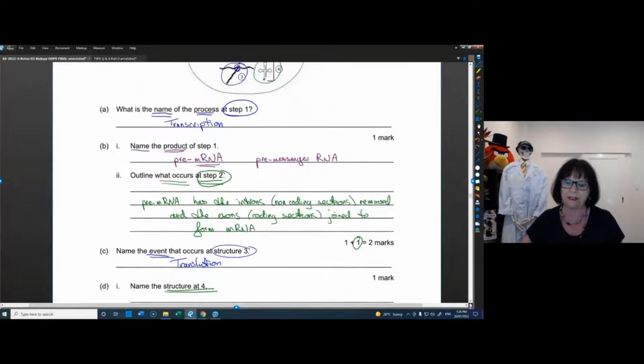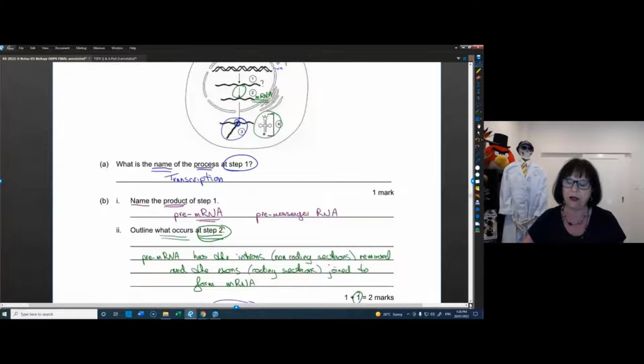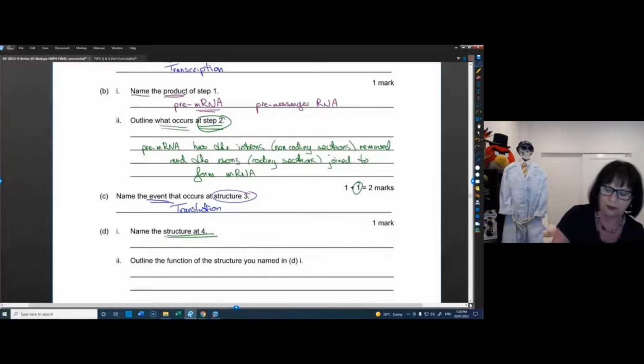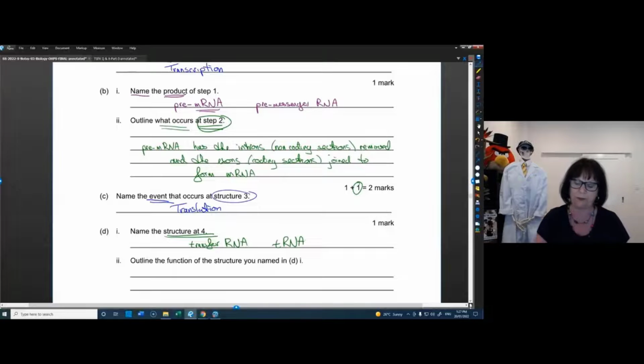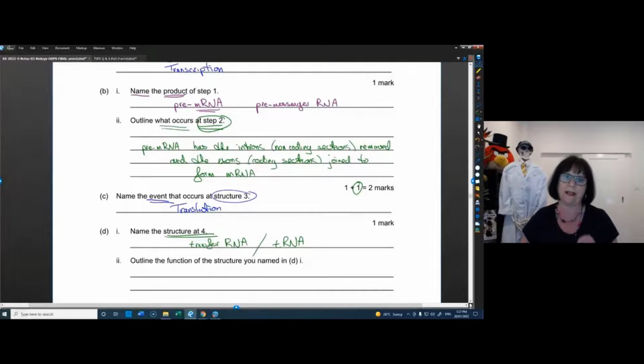The structure that is at 4, that is being highlighted there, is transfer, not transport, RNA, or tRNA, whichever one you wish to write. Transfer. So common students write transport because it does transport, but I don't use that word. I say carries amino acids.